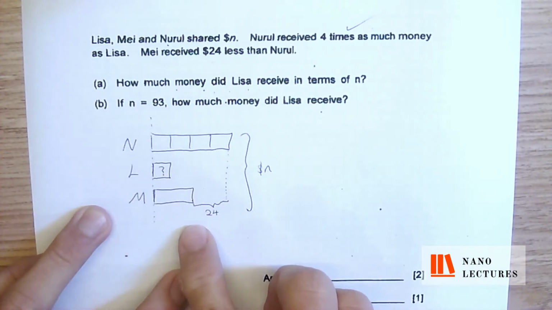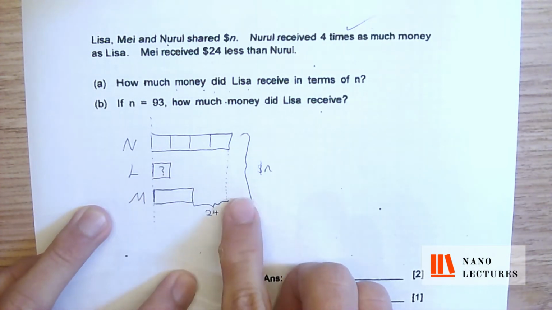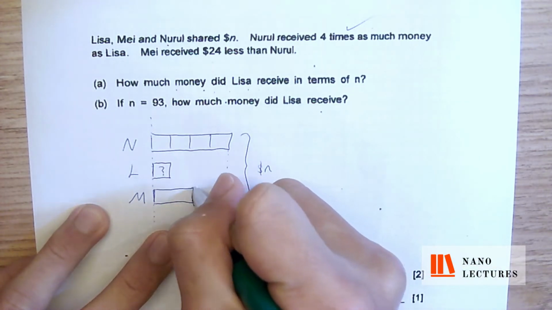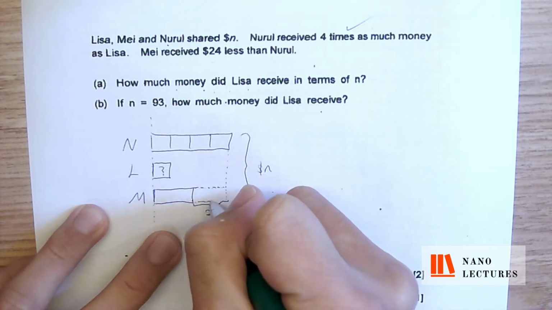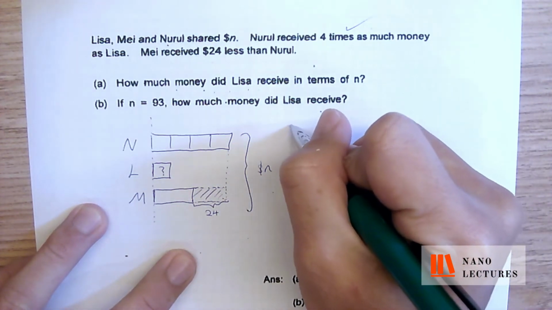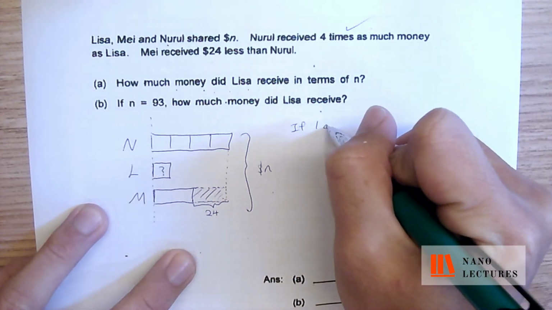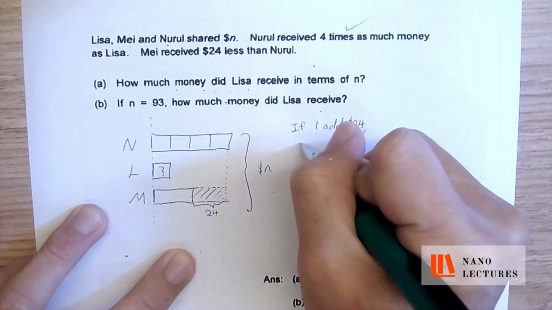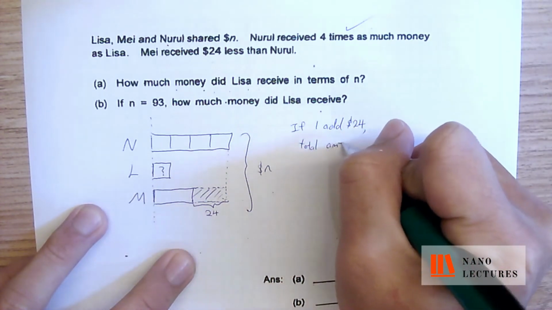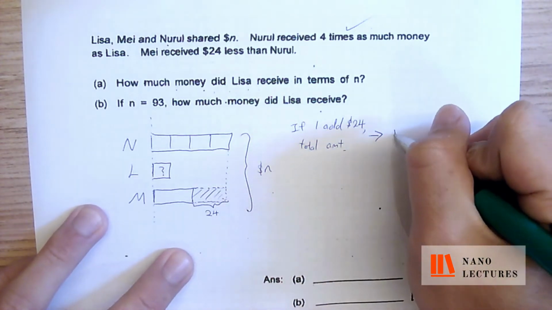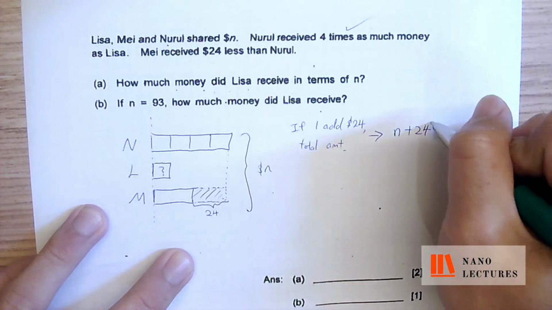Now, if you're doing this, it's very, very simple. We know that if I add 24 more dollars, this imaginary $24, now if I add this, what will I become? If I add $24, the total amount, arrow, will be N plus 24.